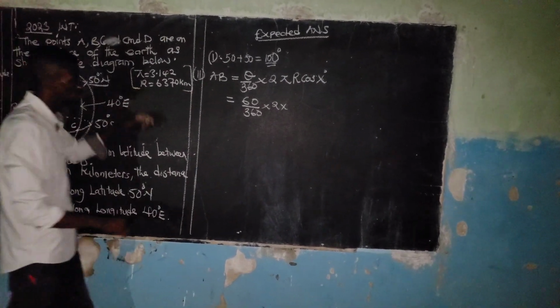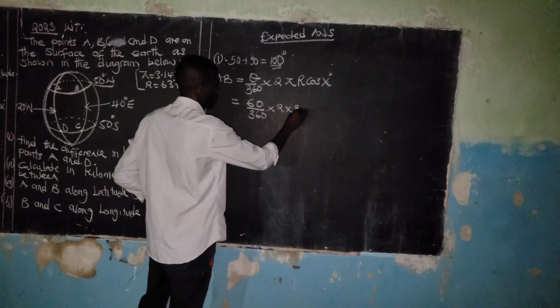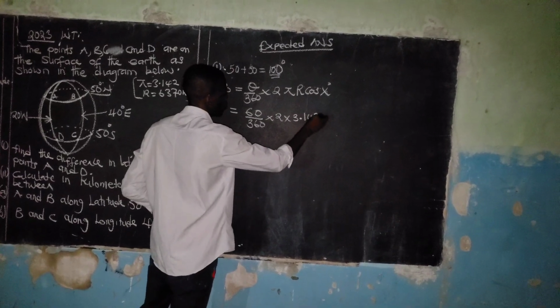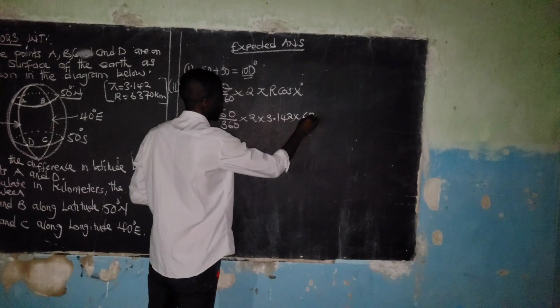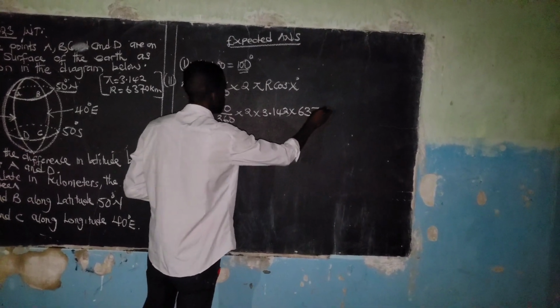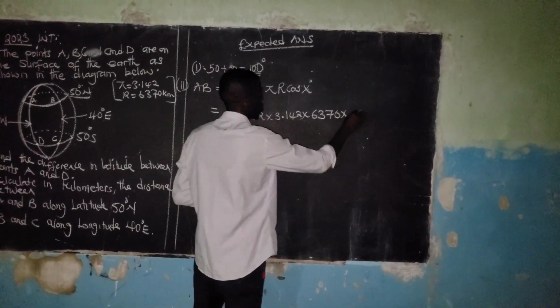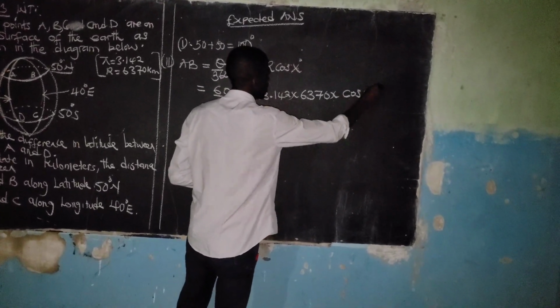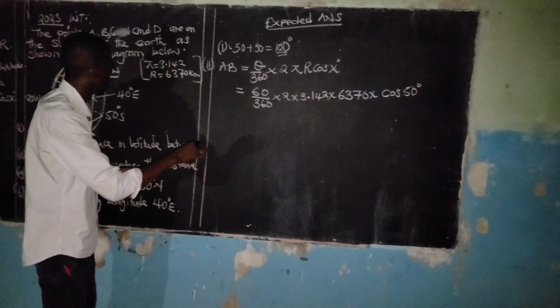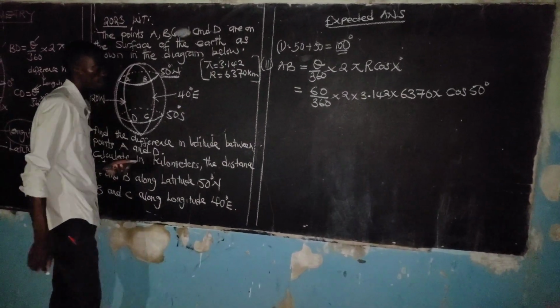We are told to use 3.142. Our radius is 6370, times cos x, which is 50 degrees. The x, remember, is the latitude in which they are falling.